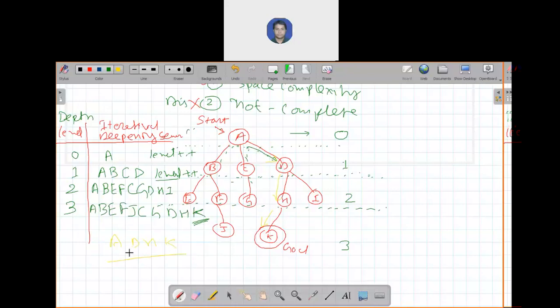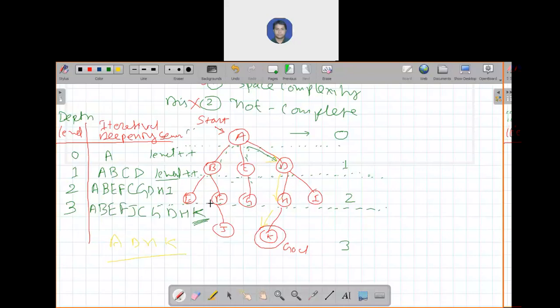Is it clear? In this way, your iterative deepening DFS search technique works. Is it clear?